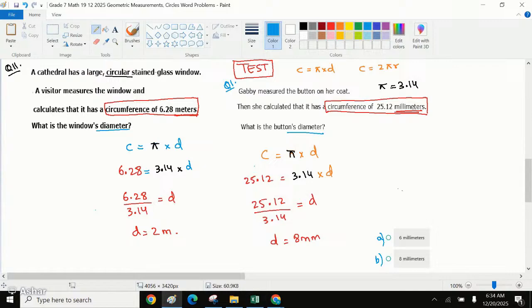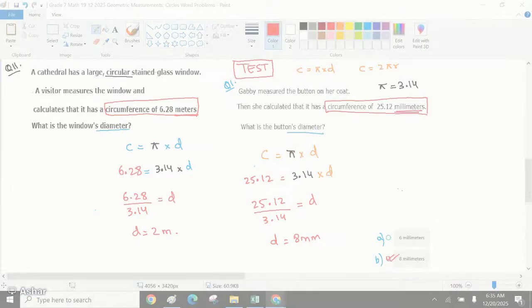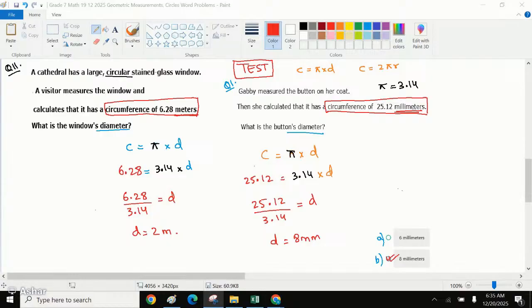So we will say that option B is the correct answer. On the question, we click on option number B, that is 8 millimeters. And it would show us whether we have done it correctly or incorrectly. So the next question I'll just copy and we'll move on to this. Okay, great.